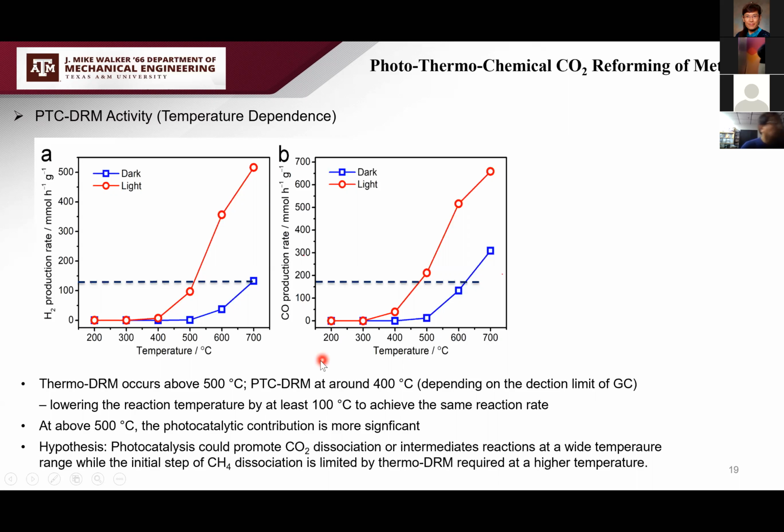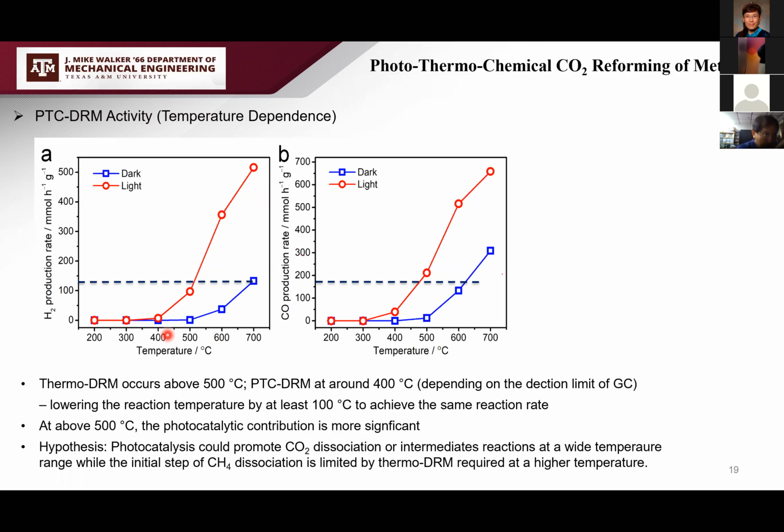And second, this photocatalysis effect contribution is more significant at higher temperature rather than at a lower temperature. This is very interesting. We're still investigating the reason, but my hypothesis is that maybe this photocatalysis promotes more the CO2 dissociation part.